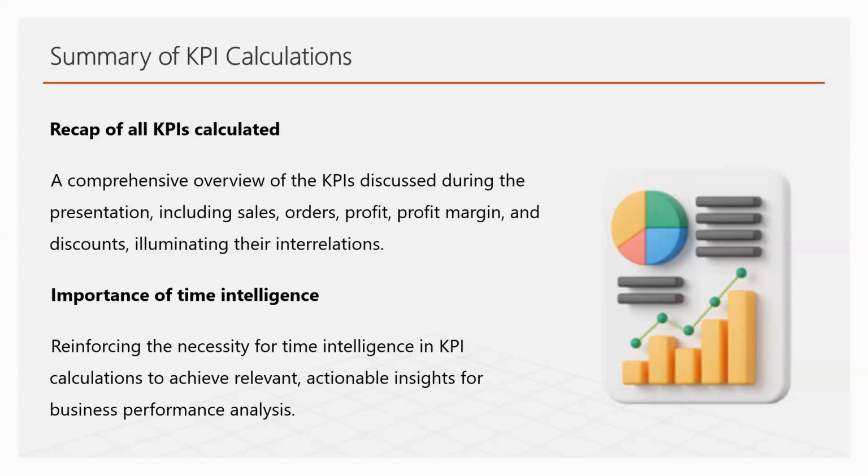Now let's copy the formula from sales amount last year, Control C, and click on new measure. Simply paste this here and change the name from sales amount to orders last year.